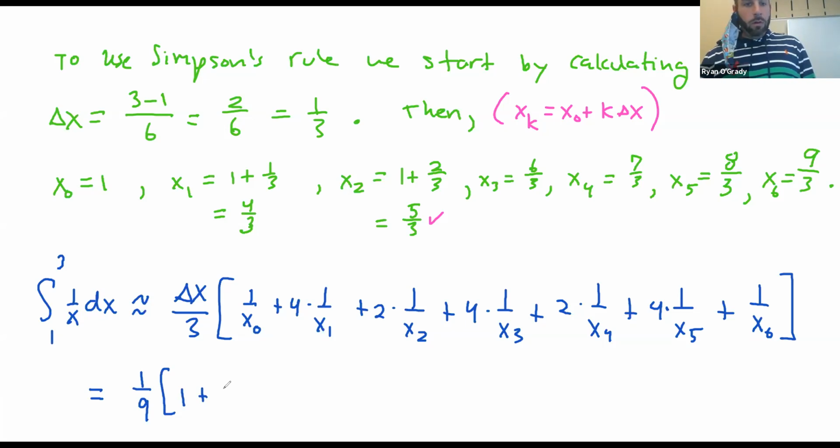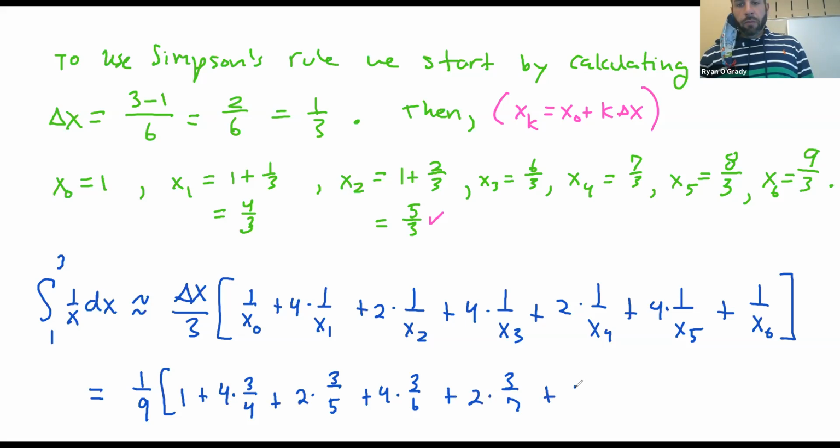So I get 4 times 3/4 plus 2 times 3/5 plus 4 times 3/6 plus 2 times 3/7 plus 4 times 3/8 plus 3/9 or 1/3.